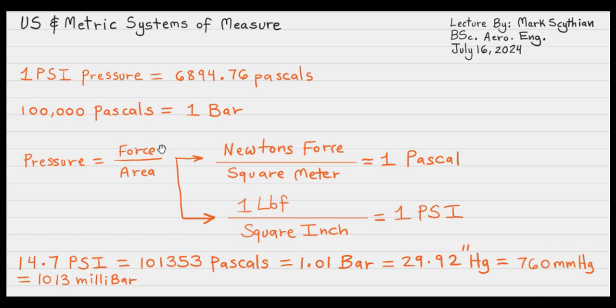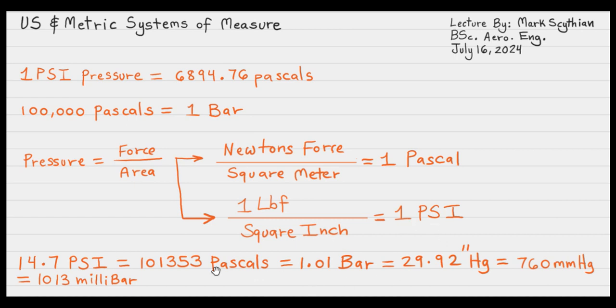And so if we measured in the metric system newtons of force, that is the kilogram times meters per second squared of acceleration, if we were to apply a newton of force divided by a square meter of area, then we have 1 pascal. And of course, if we apply 1 pound of force per square inch, we have 1 psi.